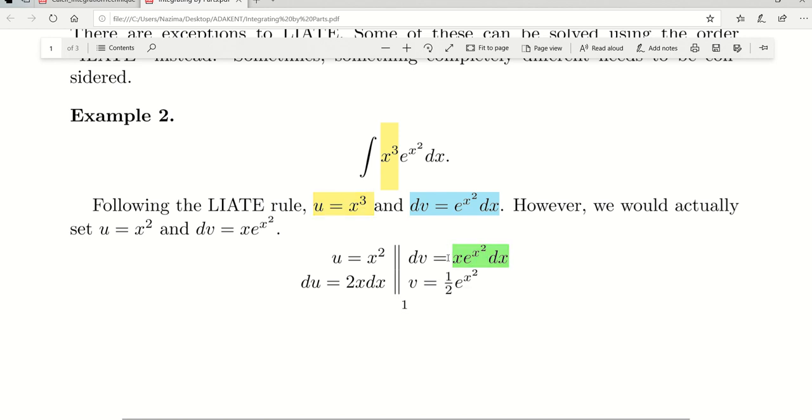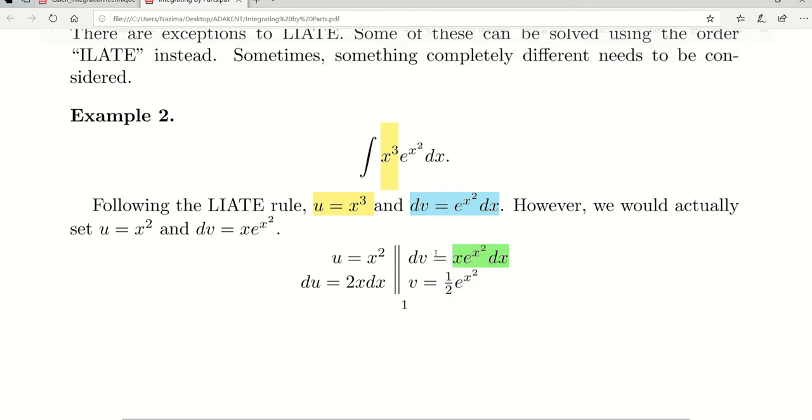Why do we do it? Because when we take the integral of this one, we see that it equals 1 over 2 e to the power x squared. So in order to find the integral of this one, we need an x here to reach this result. And in this part, we have u equals x squared.